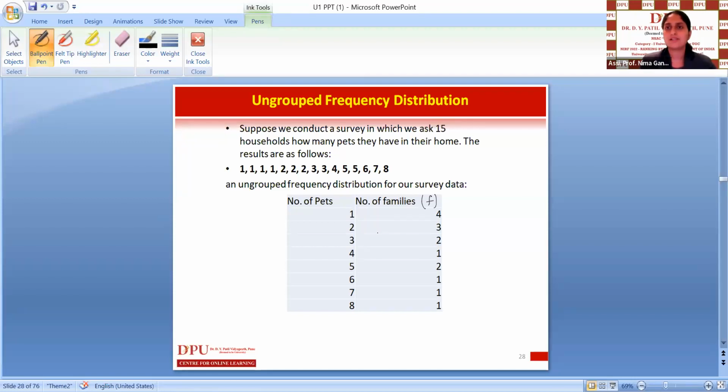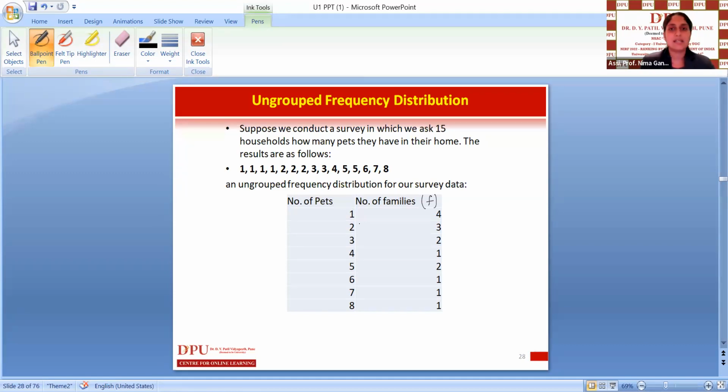So how do we represent it? We write down the number of pets in the first column and the respective frequency in the second column. Your frequency tells you how many times your observation is repeating in the data. The frequency for the number 1 is 4. What does this mean? Your 1 is repeating 4 times in the data.